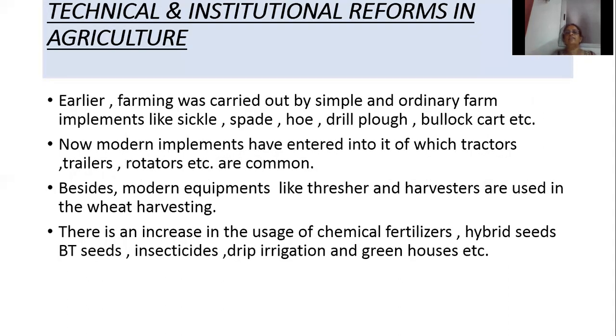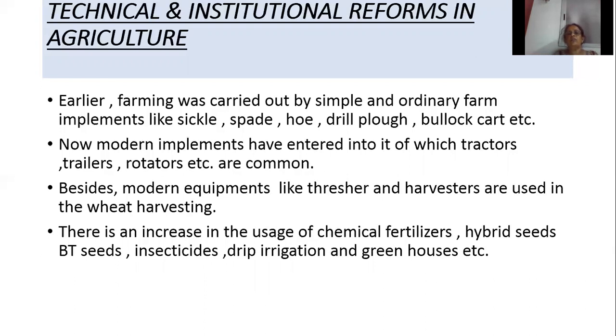Then technical and institutional reforms in agriculture. So earlier we know that farmers were using simple and ordinary farm implements like a sickle, spade, a hoe, drill plow, then bullock cart, etc. Now farmers are making use of modern implements like tractors, trailers, rotators, etc. And they are also making use of modern equipment like a thresher and harvesters in harvesting, cutting the crop of wheat.